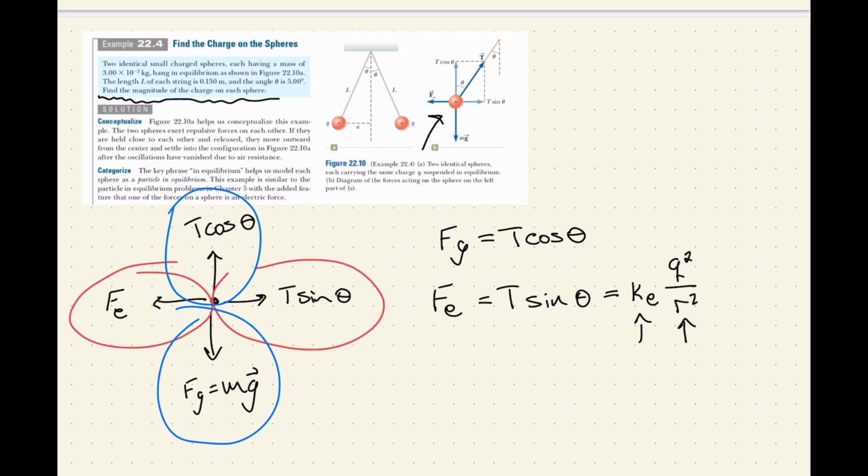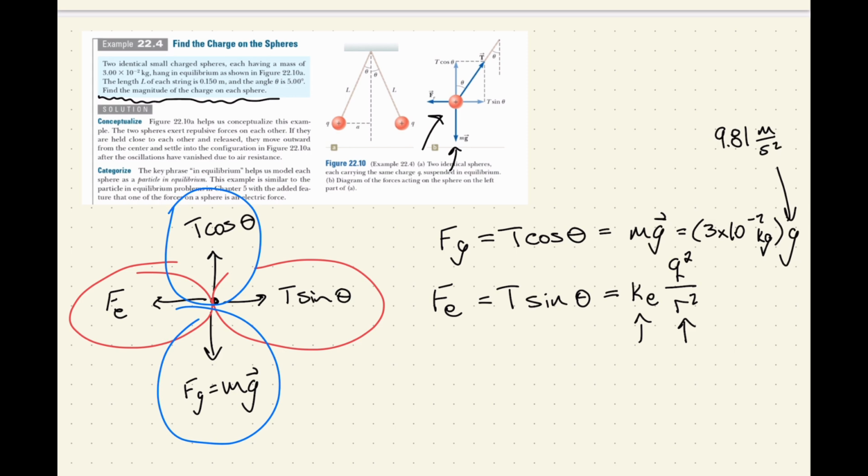Well, we can calculate T from this equation here. We know that Fg is given to us as mg, which is equal to the mass of the ball, 3 times 10 to the negative 2 kilograms, and g is 9.81 meters per second squared.